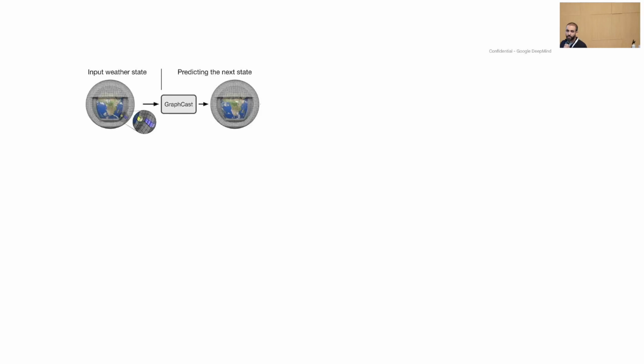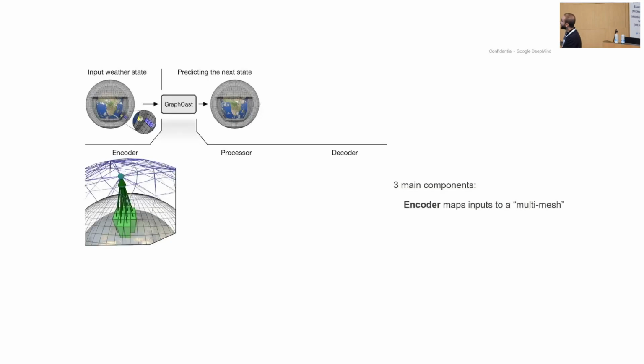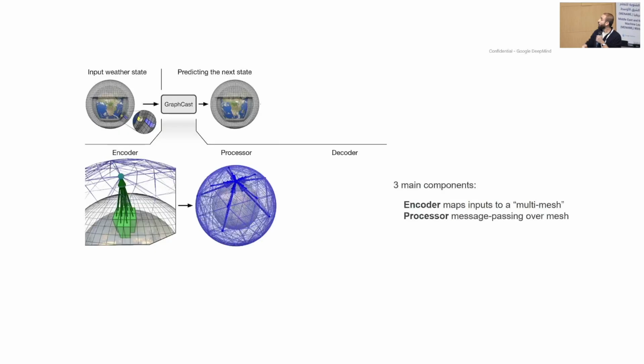And in essence, the way GraphCast works is we're just going to use the network to take the current state of the weather and step us one frame into the future. So take us from one frame of the video to the next frame of the video. And it does this in 3 stages. We have an encoder. This is one GNN that learns to map from this gridded data that I just showed you onto a nice mesh that we use to represent the Earth.